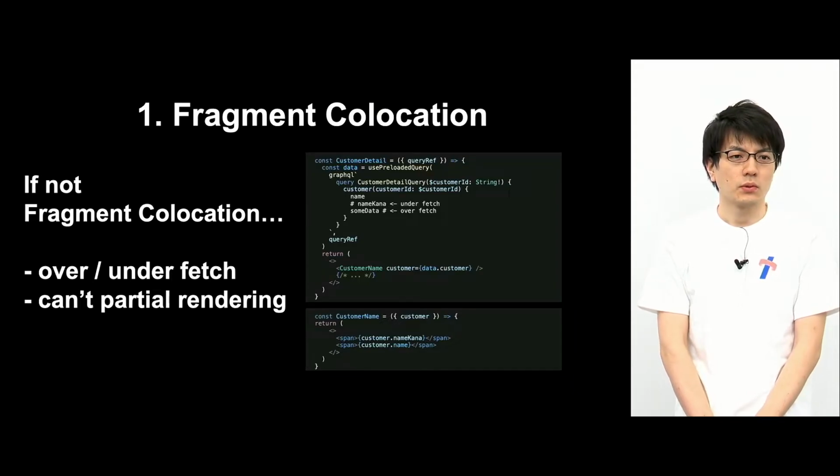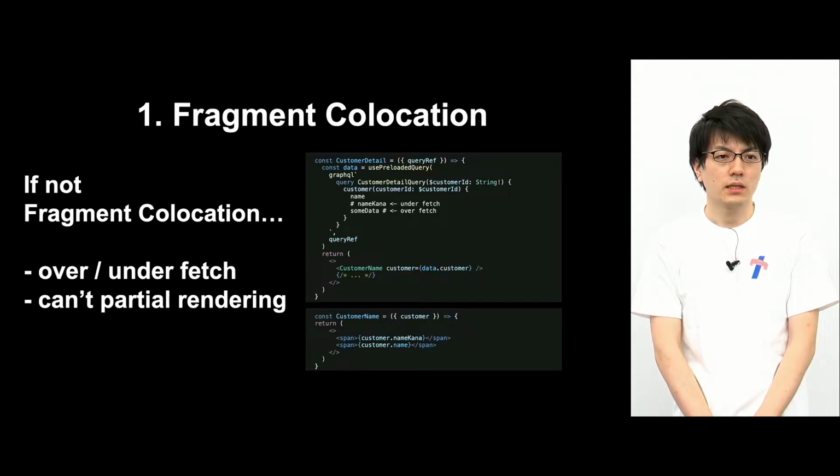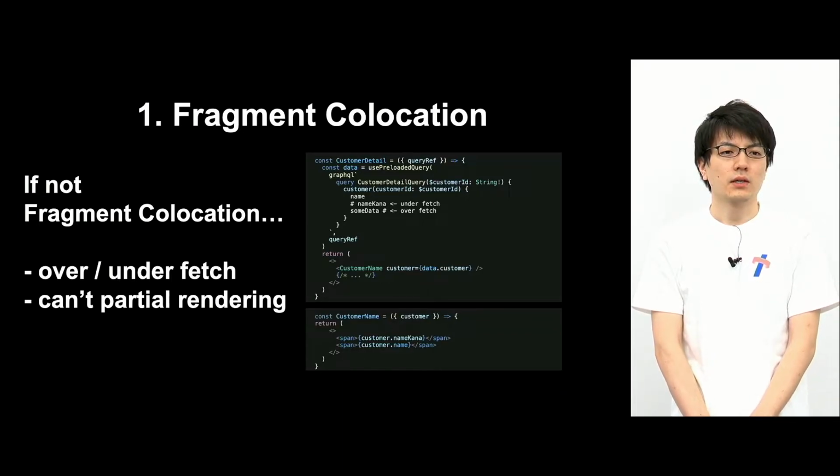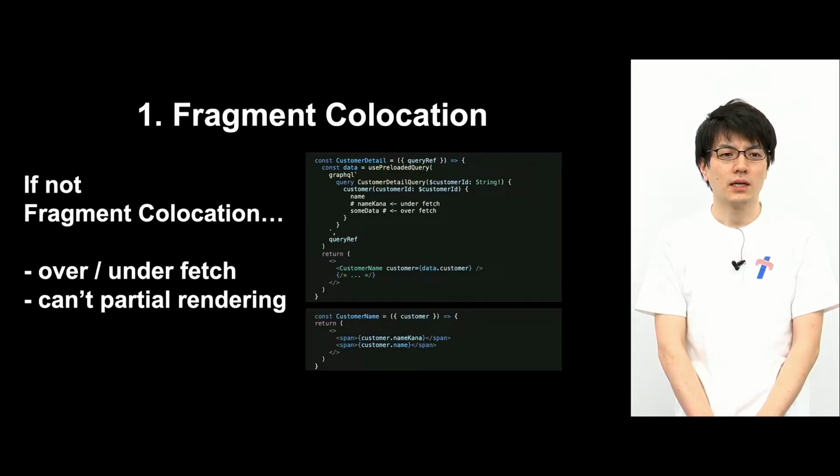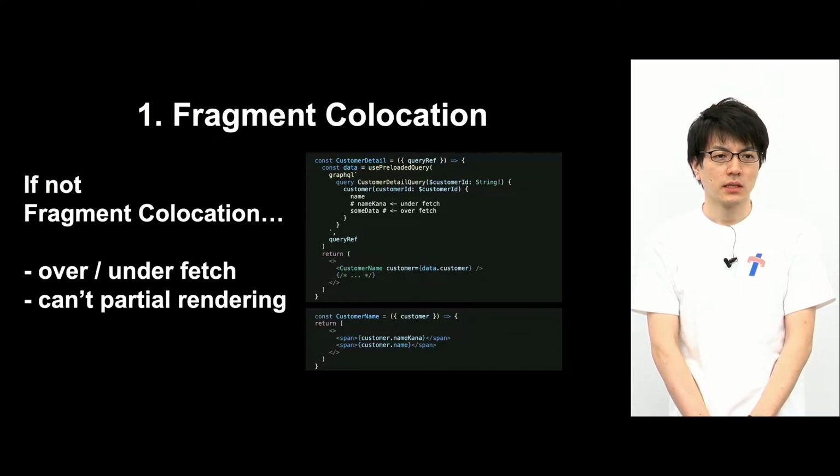If we're not going to do the fragment colocation, what would happen? If you don't do the fragment colocation, instead of writing each component for the data acquisition, all the necessary data will be listed in the parent component. In such a case, what we have to be careful about is the overfetch.